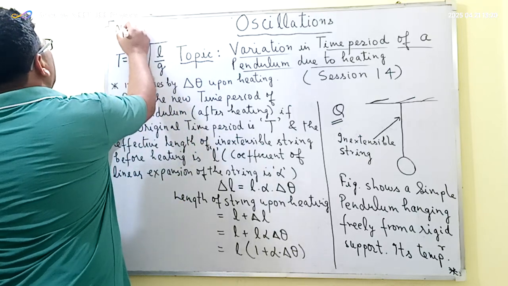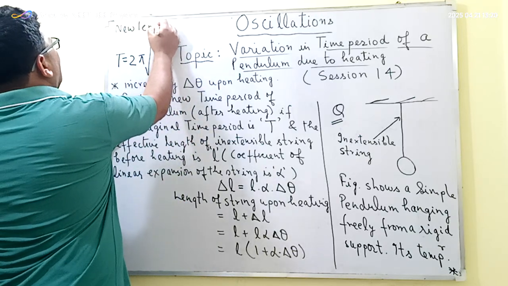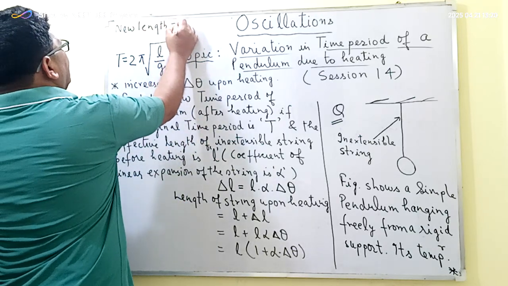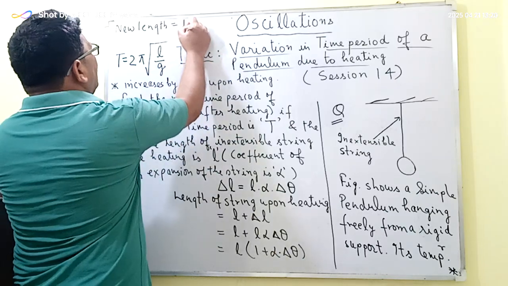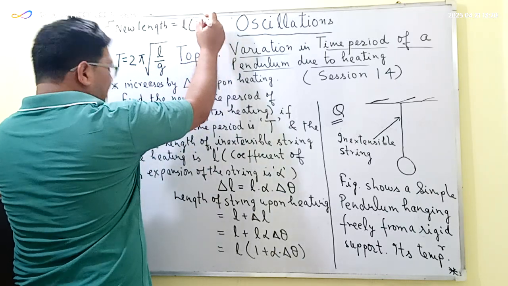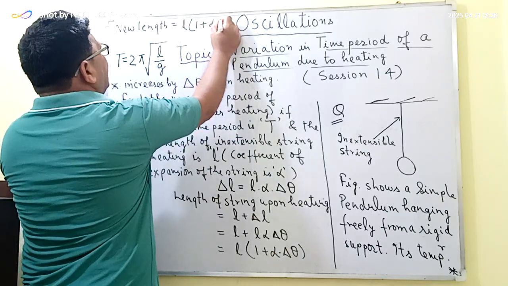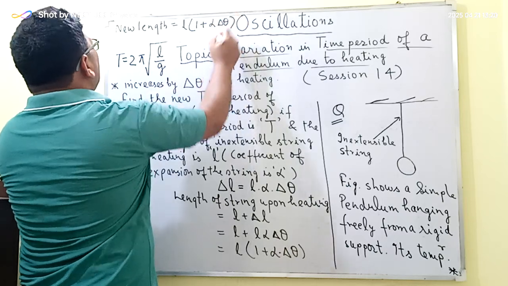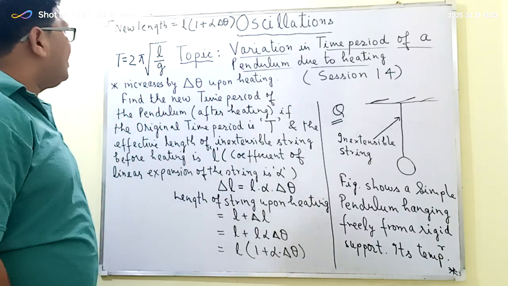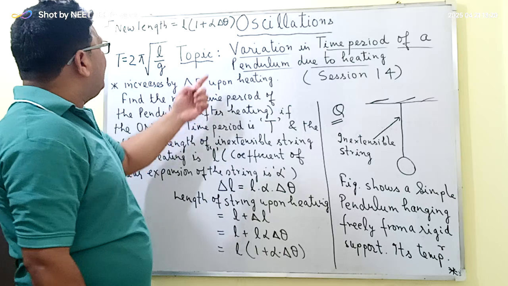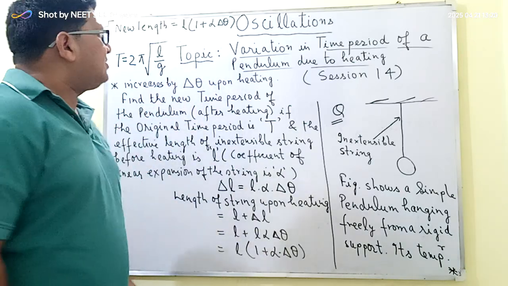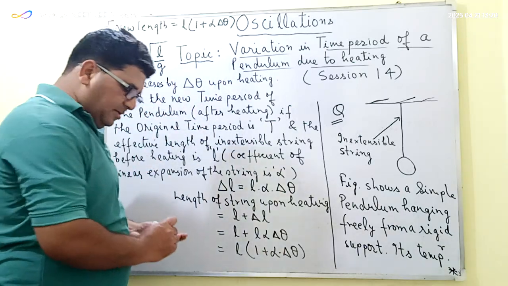The new length of the inextensible string will be equal to L in bracket 1 plus alpha delta theta, and this is the length of the inextensible string upon heating when the temperature has increased by delta theta.